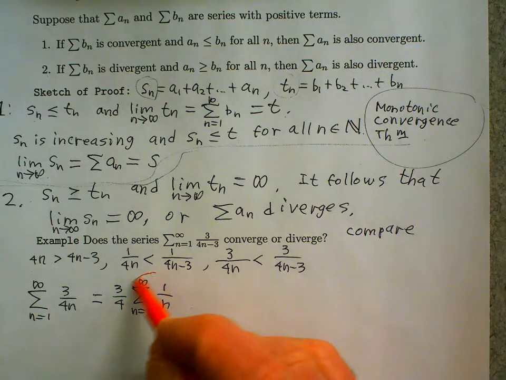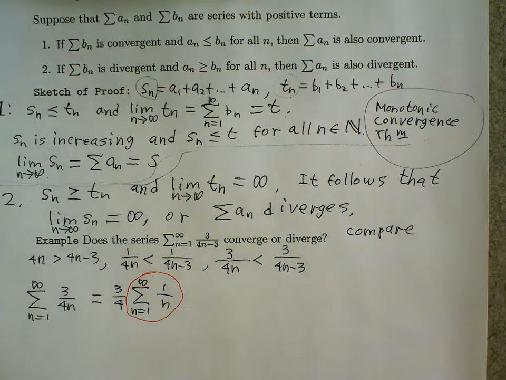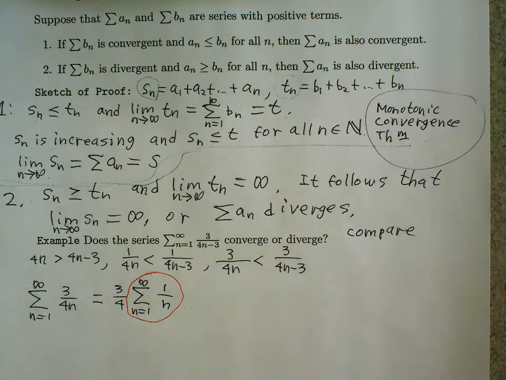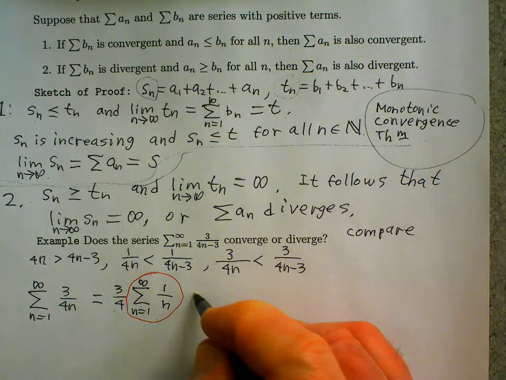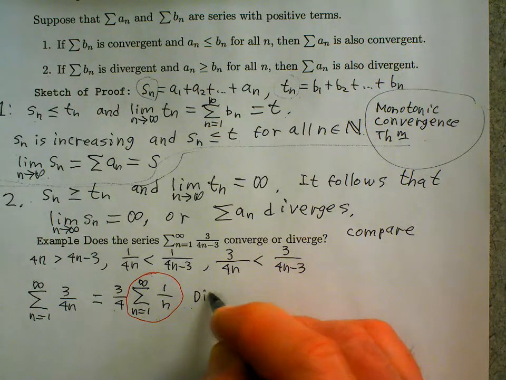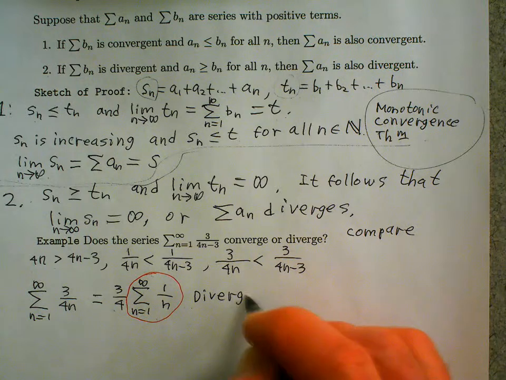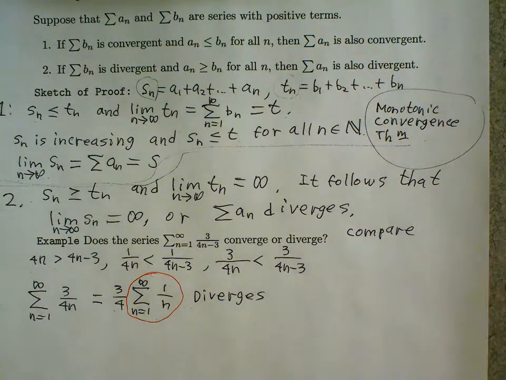This series is the harmonic series, which we showed diverges. And so 3/4 times that series still diverges. So this is divergent, or we'll just say that it diverges.